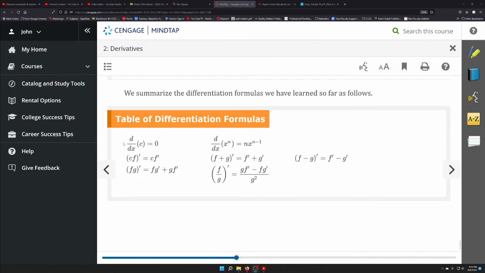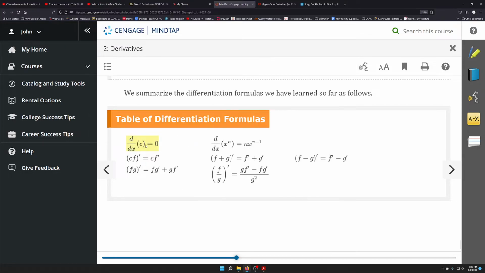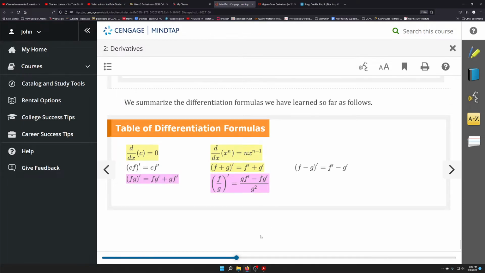So for example, this very first one right here, highlighted for us, that's the constant rule. This one right here, that's going to be the sum of two functions, the sum rule. Here is our power rule. Here, in pink, that is the product rule on the left and the quotient rule on the right. All right, and like I said, you got to know these rules.